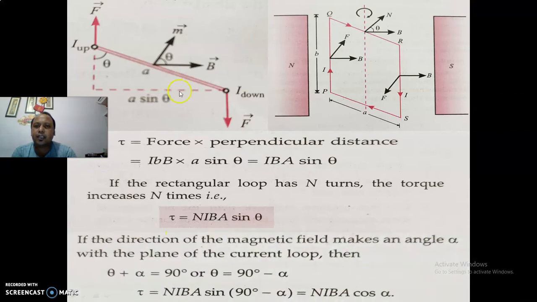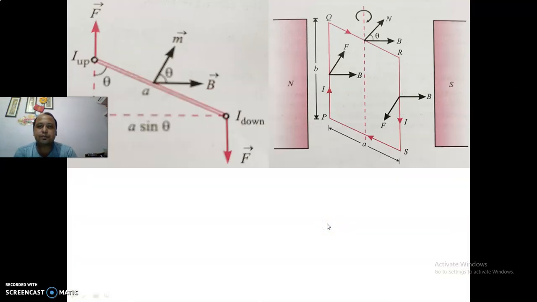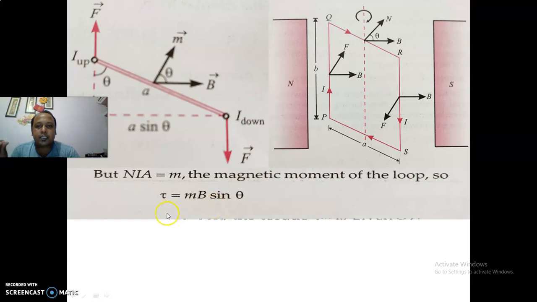Now, we have just considered this angle to be alpha. So theta can be written as 90 minus alpha, and if we put 90 minus alpha here, it is cos alpha. So we can write NIBA cos alpha. Now, you see here, this IA represents the magnetic dipole moment.